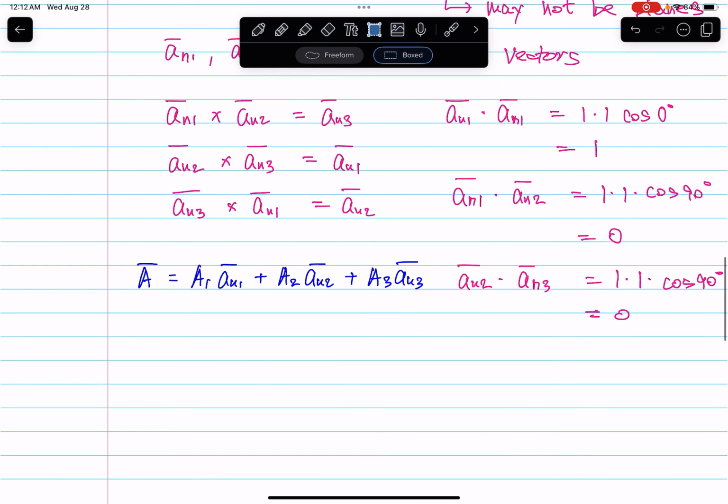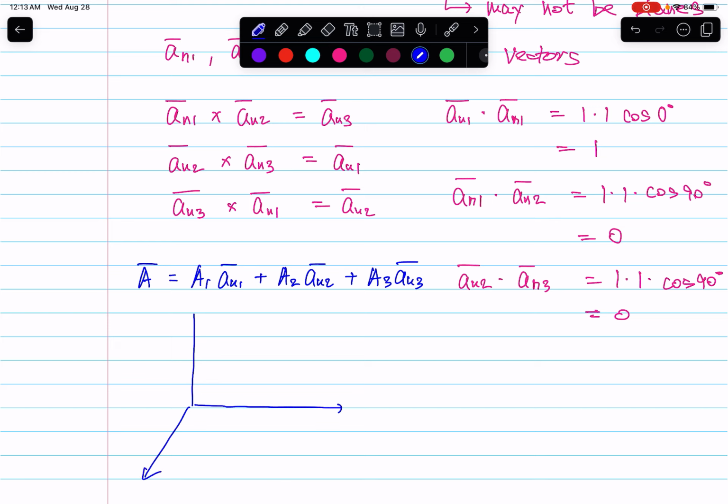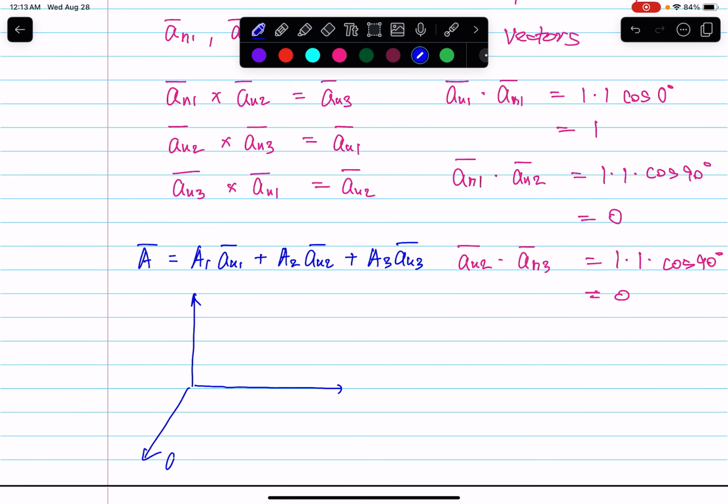So that means, if we put this on a coordinate system, and let's just assume that AN1 is this direction, AN2 is this direction, AN3 is this direction.